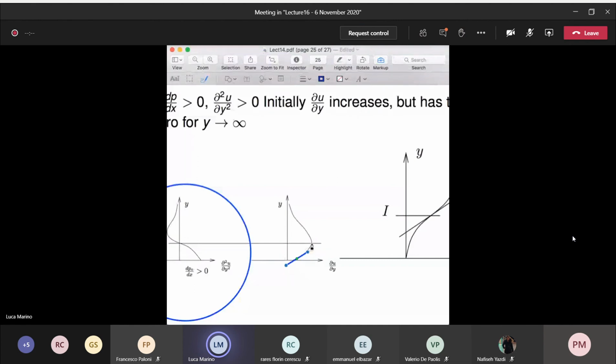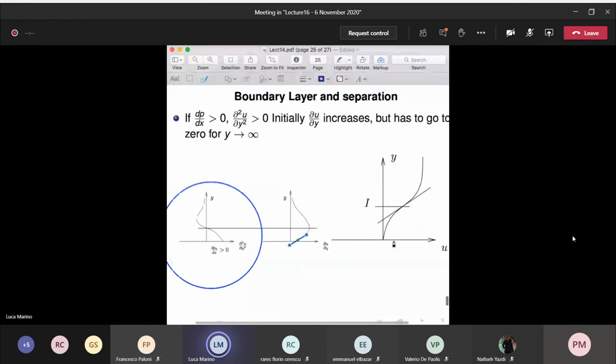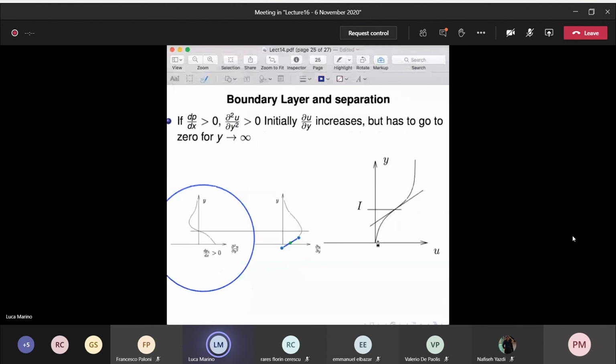So you have a maximum, which corresponds to the 0, and then you go again towards 0 as the second derivative of u. In terms of velocity profile, this means that you have the second derivative which is positive, and then negative. So you have a change in concavity.